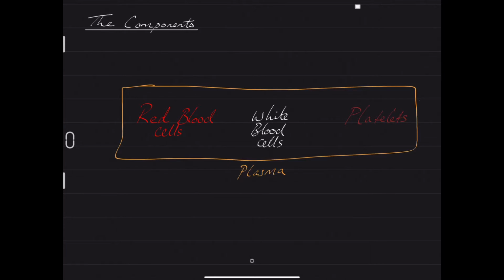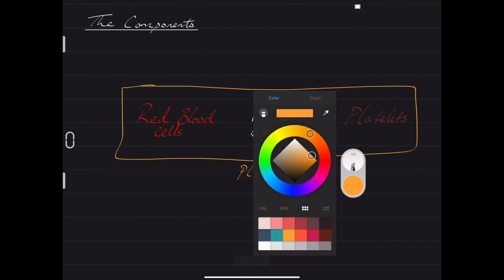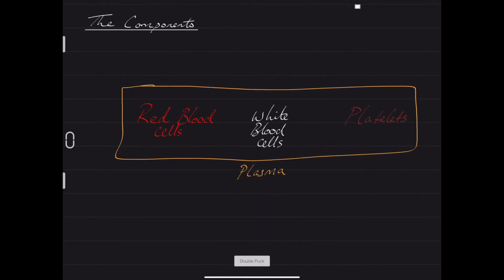So can you just write that down? For this reason, you should be able to understand why we call blood a tissue now, based on a very quick description of the components. So can you write down to the side, blood is considered to be a tissue.